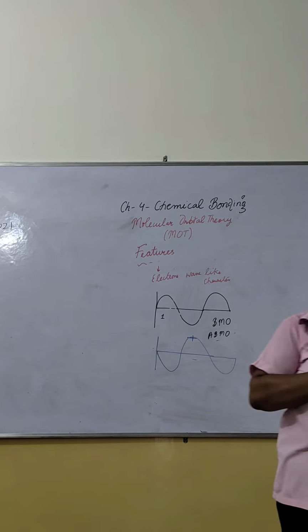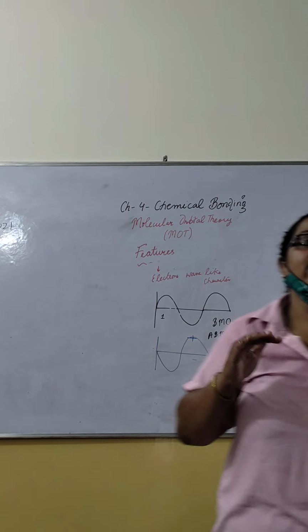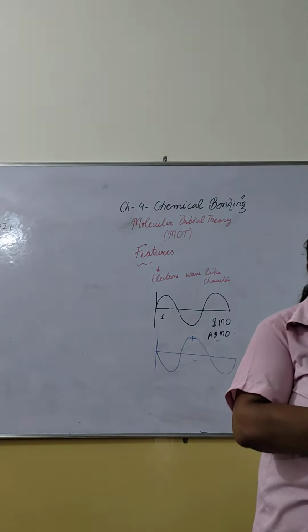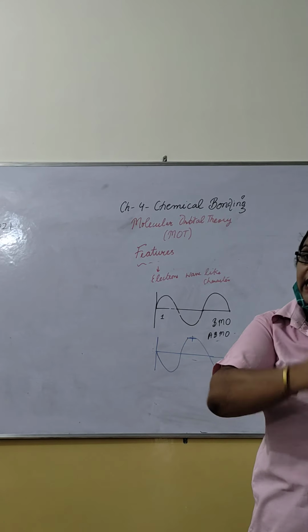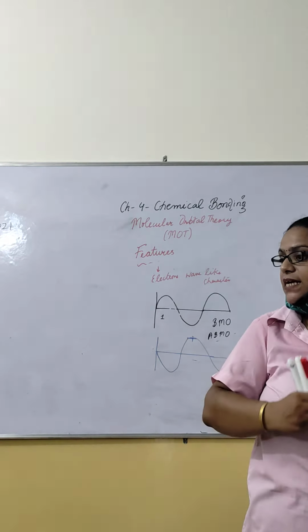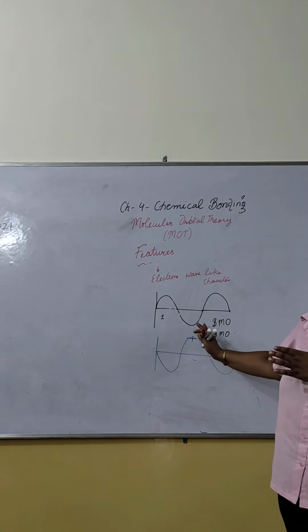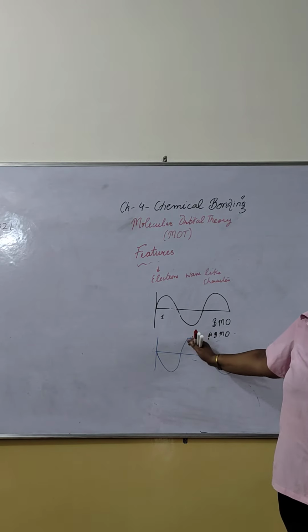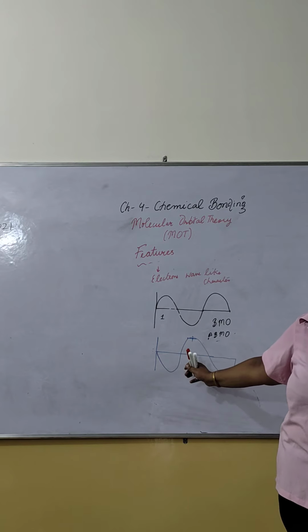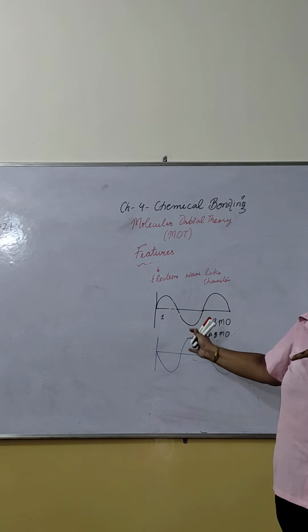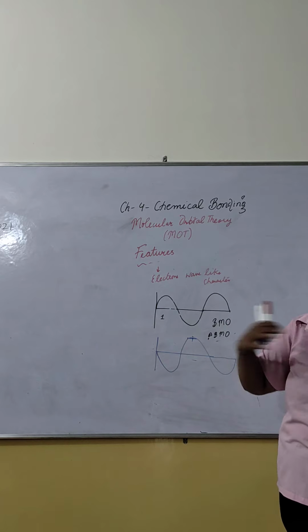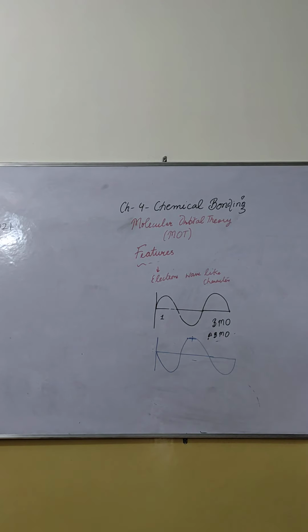Bonding and anti-bonding. Constructive interference means the resultant amplitude will be more. Those who have doubt in this topic can go through electromagnetic radiations of chapter 2. It is explained in more detail there. We have already done this.